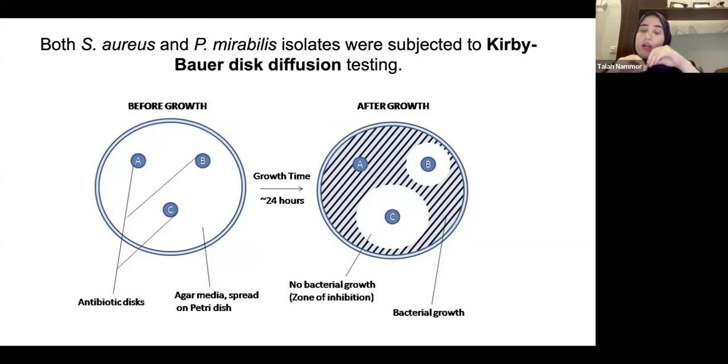This means that the bacteria was not able to grow around this region because of the activity of the pill. Now let's look at C. Come on, we have a lot of white area. So which one is the best antibiotic to choose out of these 3? Obviously the answer is going to be C, because it has the biggest radius.